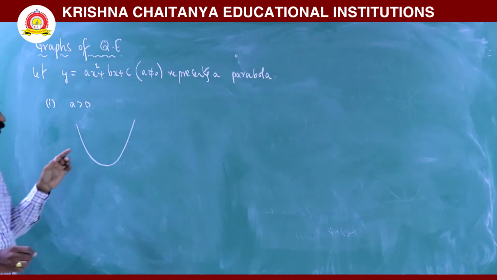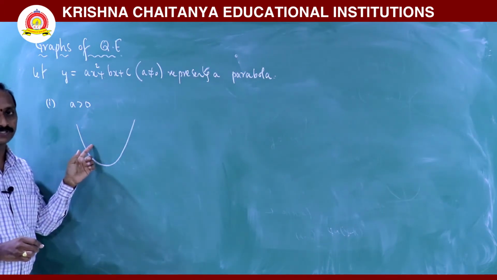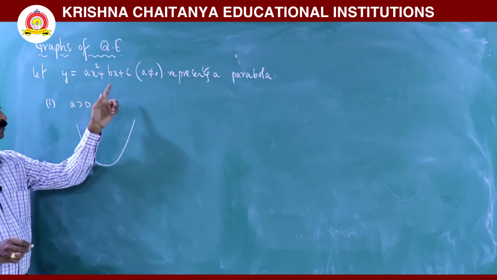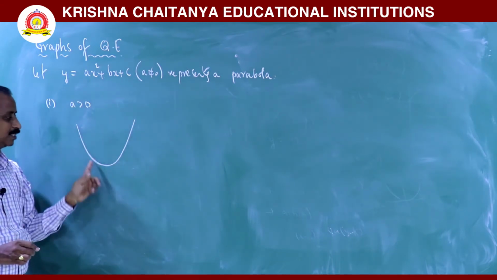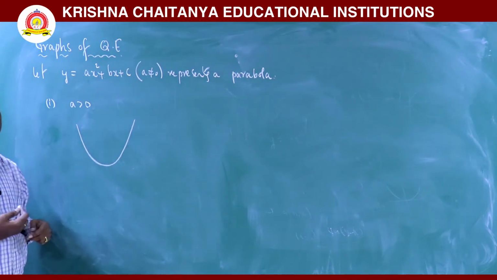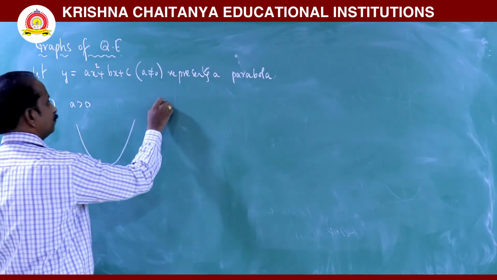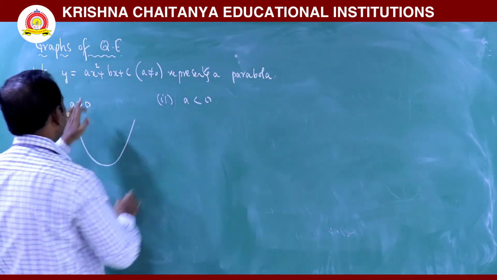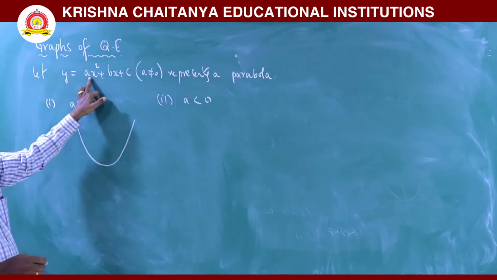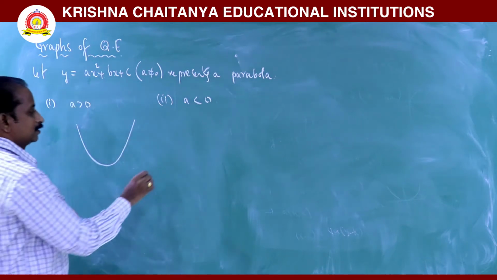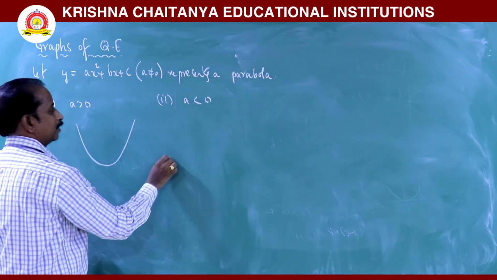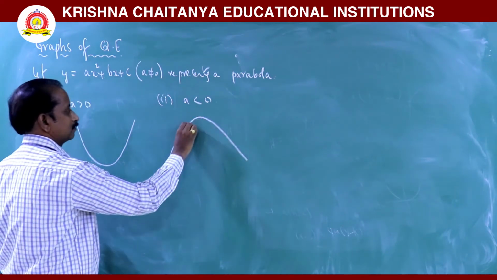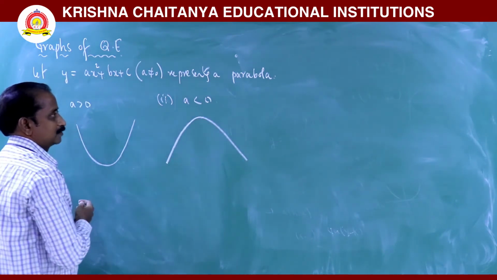So it is called open upwards. If a greater than 0, y is equal to ax square plus bx plus c is a parabola, and the shape of the parabola is like this. Next, point number 2: if a less than 0, the leading coefficient is negative, the curve is mandatorily open downwards.